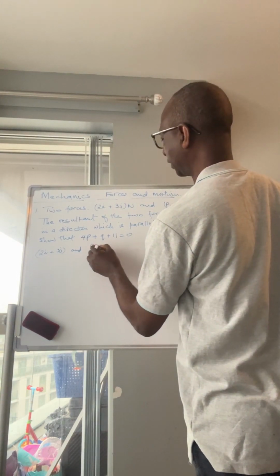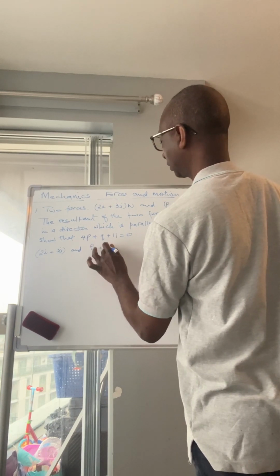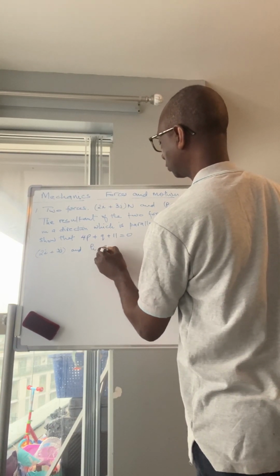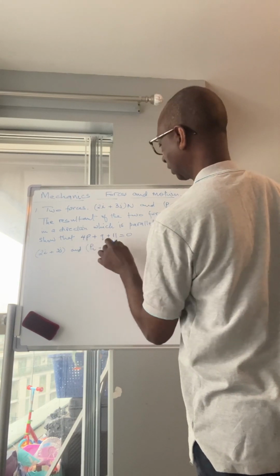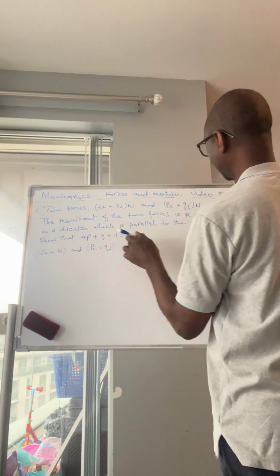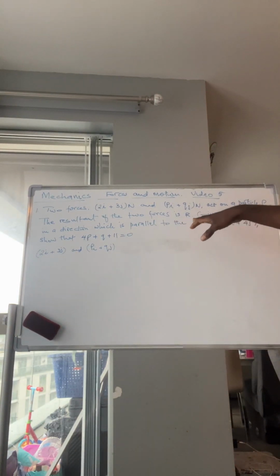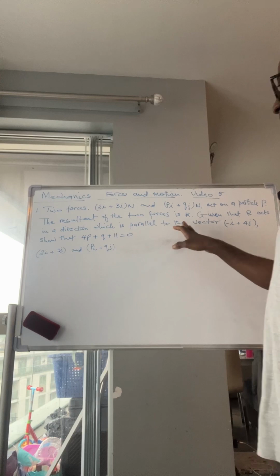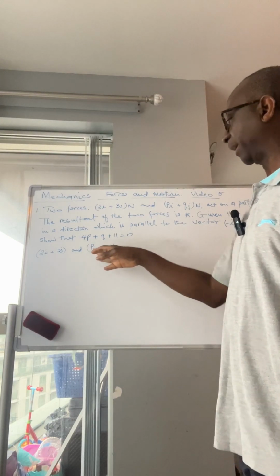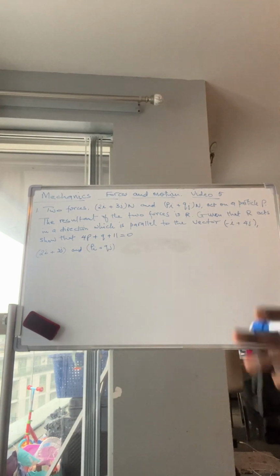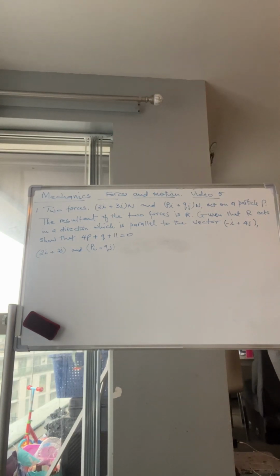We don't know what the value of p is, and we don't know what the value of q is, expressed in newtons. They act on a particle P. The resultant of the two forces is R. That is, when you add these two forces, you get the resultant, which is given to us as R. But since we have unknowns here, p and q, we're just going to get an equation in this case.